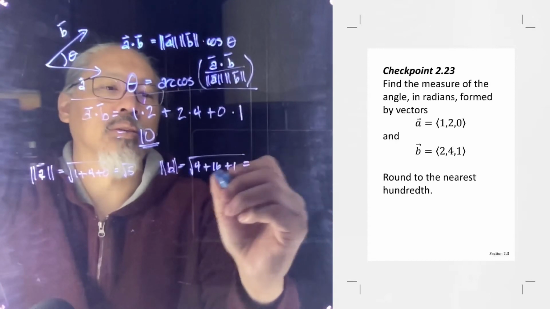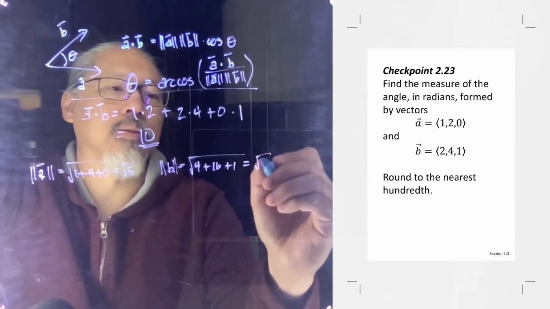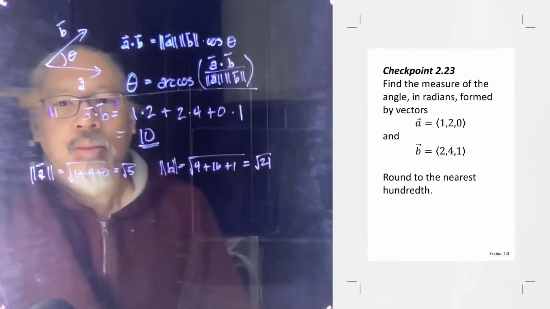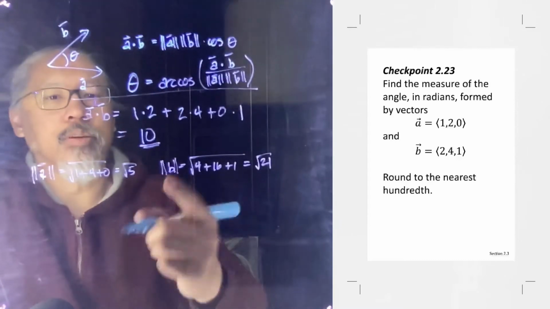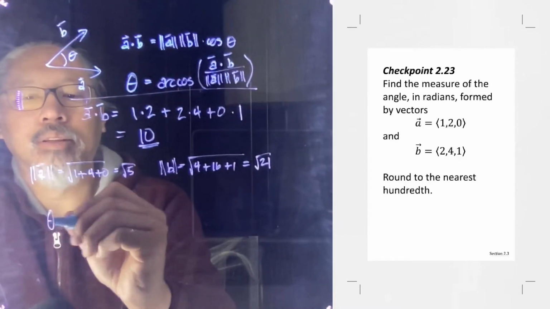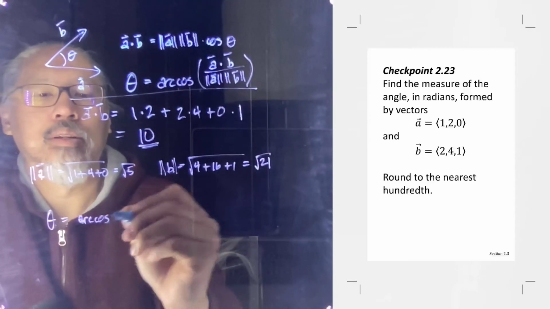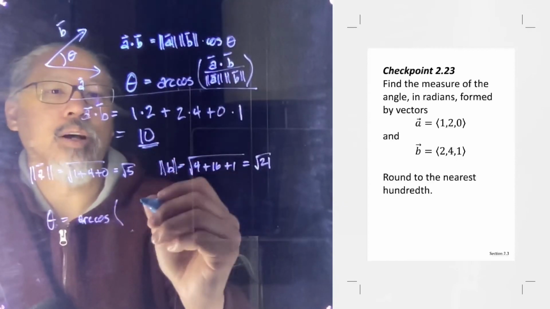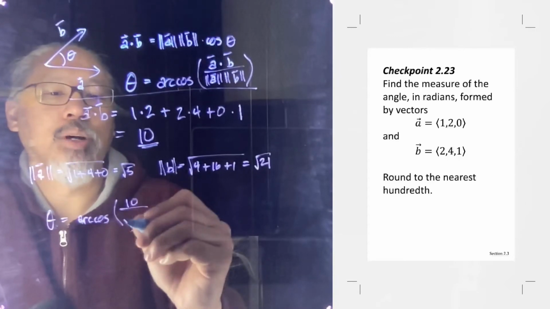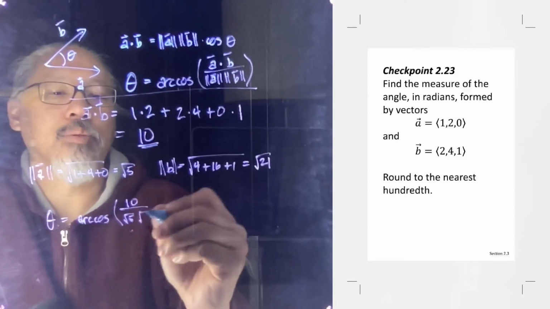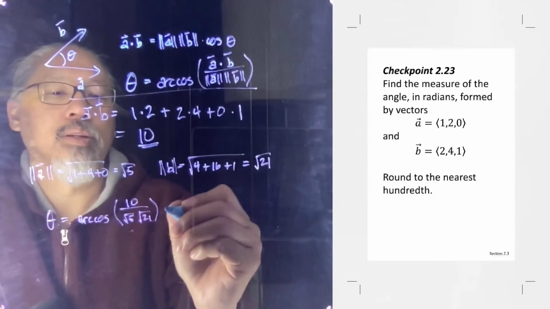That's going to give us the square root of 21. Okay, now we have the magnitudes. Our angle then will become the arc cosine of the dot product divided by the square root of 5 times the square root of 21.